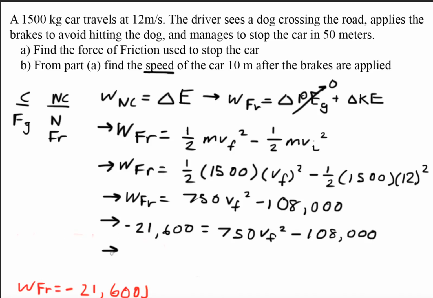Using our calculator, let's plug this in. We have 21,600 plus 108,000. Then we divide that by 750, and don't forget to take the square root of it. In this case, I am getting an answer of 10.733 meters per second.